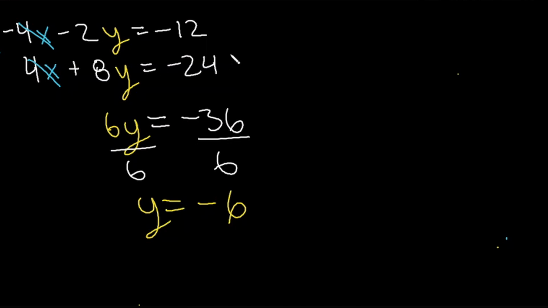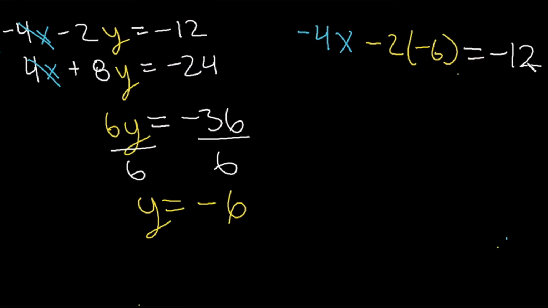We will have negative 4x minus 2 times negative 6 is equal to negative 12, and we need to solve for x. Negative 2 times negative 6 is 12, so we'll have a positive 12 and a negative 4x plus 12.